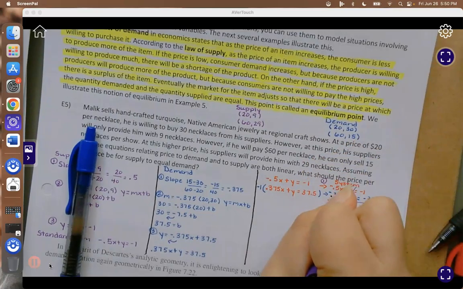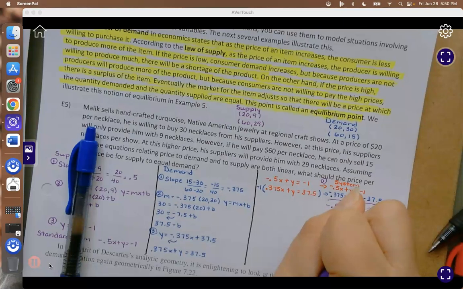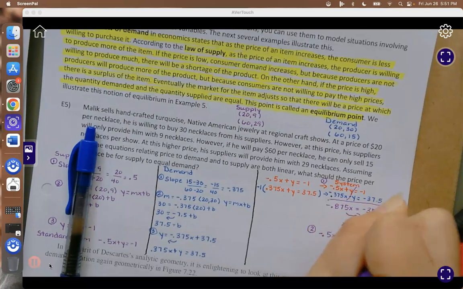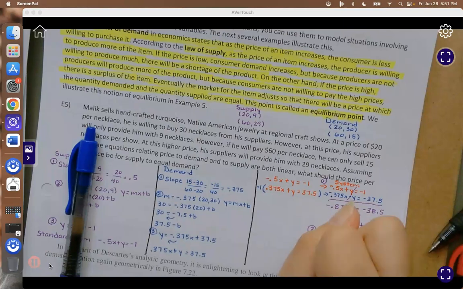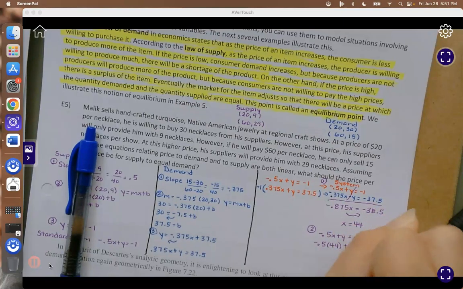Step 2, we're going to take the first equation and the number we found to find the other. So -0.5 times 44 plus y equals -1.